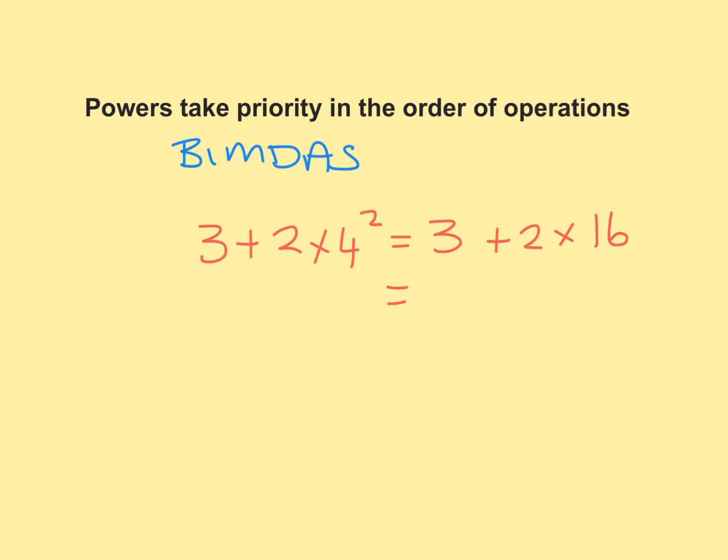Obviously, with BIMDAS, we're still doing multiplication before addition and subtraction. So we go 3 add, well, 2 lots of 16 are 32. And now we go to our addition, which is at the end of our BIMDAS, and 3 add 32 gives me 35 as my answer.